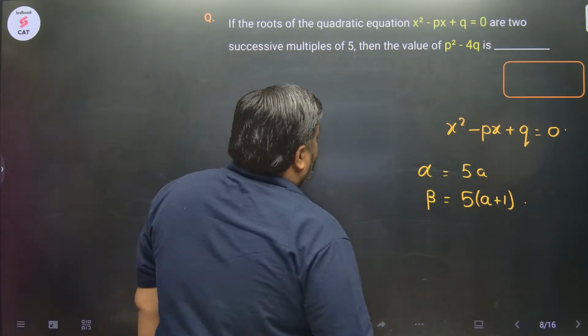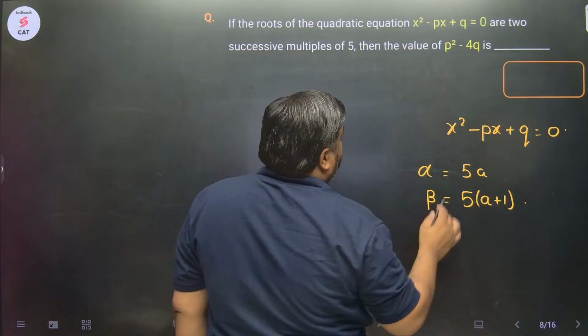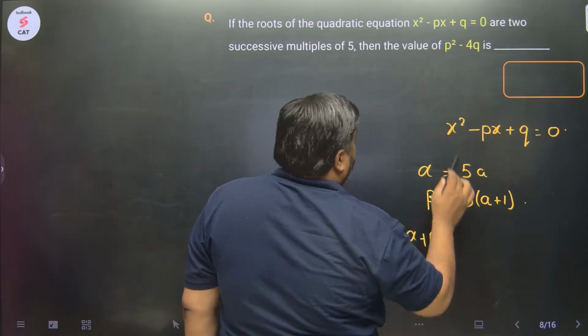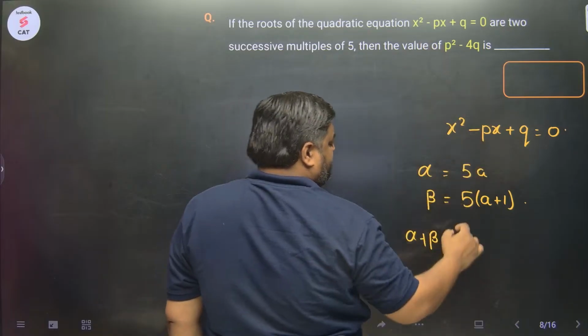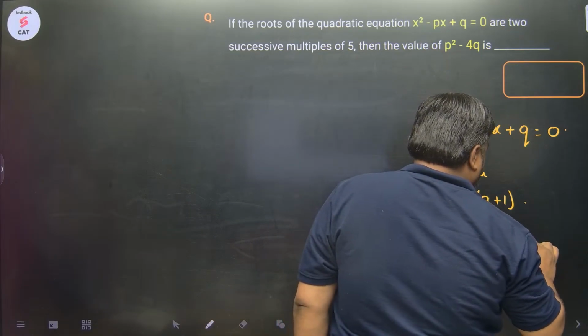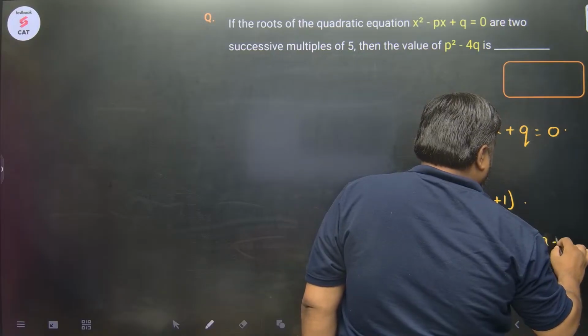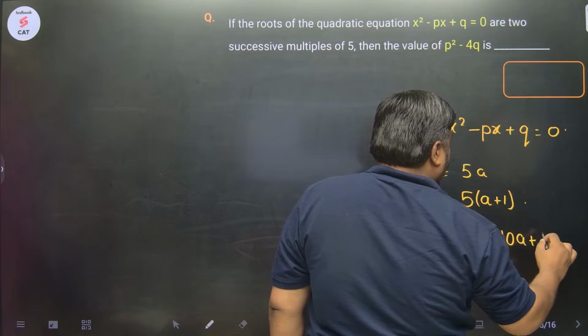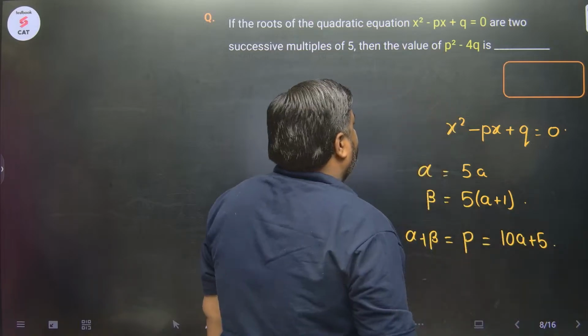Okay, what is the sum of roots? Sum of roots, alpha plus beta, is minus b by a, which is p, which is equal to 5a plus 5a plus 5, or 10a plus 5, right?